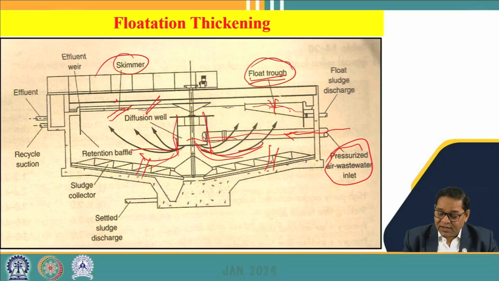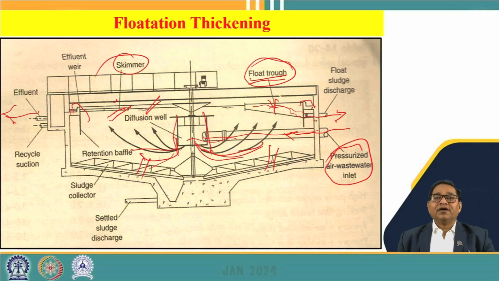All the sludge is collected here, and the floated sludge is taken out from the outlet here, while the rest of the water comes out and is taken out of the tank through this effluent weir. This is the entire process based on air flotation.